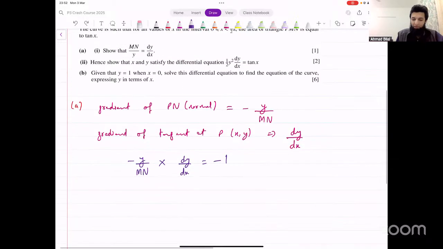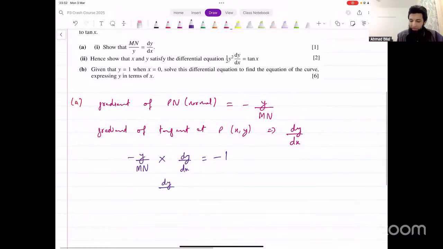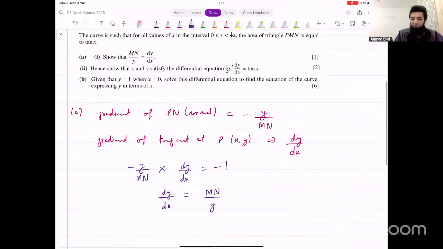Now, we can just take this to the other side. Minus and minus get cancelled, and it becomes MN over y on the other side. That gives us dy over dx equals MN over y. That's what we wanted to prove in the first part.